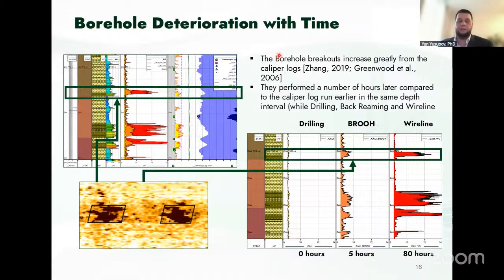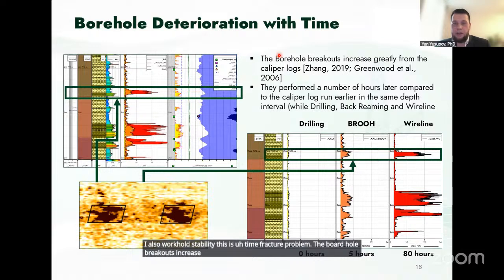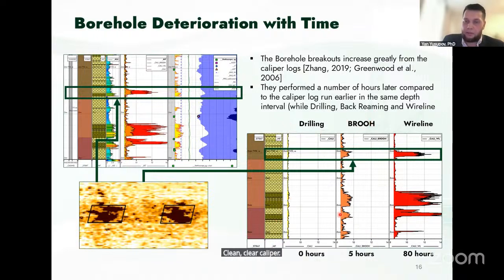Also, borehole stability is a time factor problem. The borehole breakouts increase greatly in the caliper logs, as you can see on this slide. Please see these tracks. First track: drilling, 0 hours, clear caliper. Back reaming out of hole, increasing of breakouts.